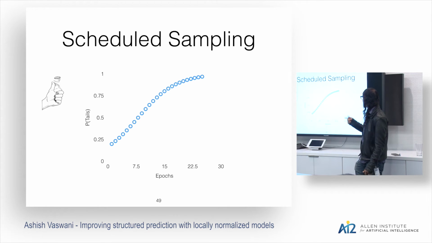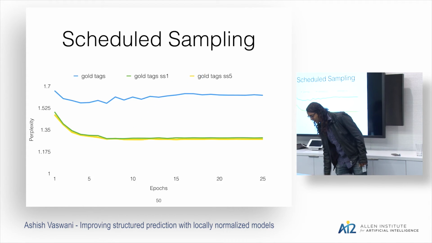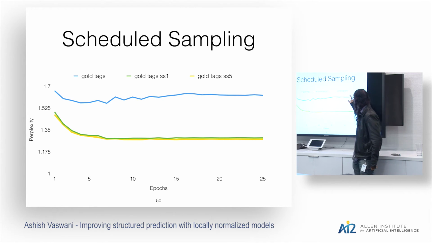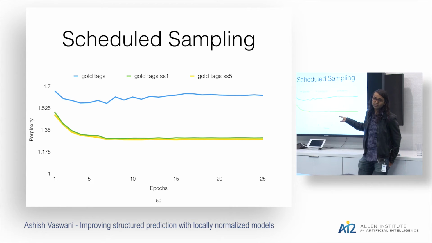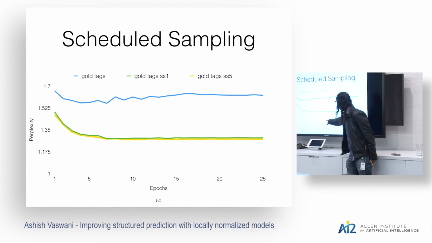We use an inverse sigmoid schedule, so over time you end up using predicted supertags more. Now you get this desired effect. I haven't drawn the bottom curves. In all models, the predicted sequence is still the most likely one, but there's some clutter here.